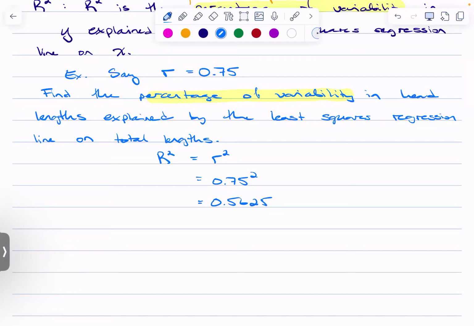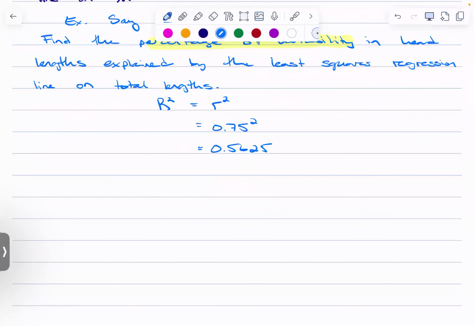They get smaller. So now the percentage of variability in head lengths explained by the least squares regression line on the total lengths is 56.25%, as a percentage.